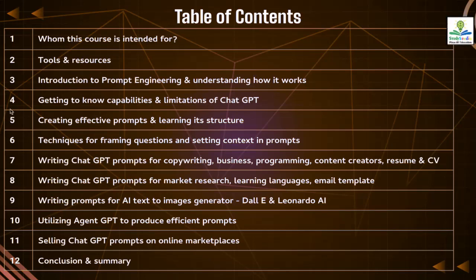So that's chapter 5. Let's move on to the next one here, chapter 6. I'm going to teach you the techniques for framing questions and setting context in prompts. As we all know, ChatGPT is definitely not a human. ChatGPT is AI, right?